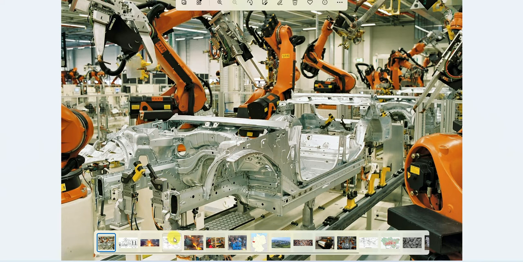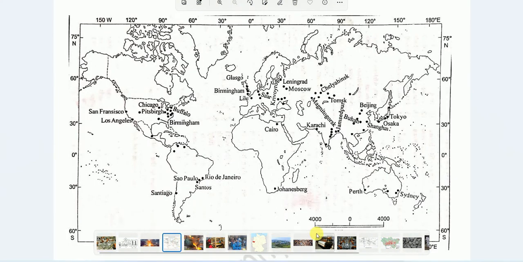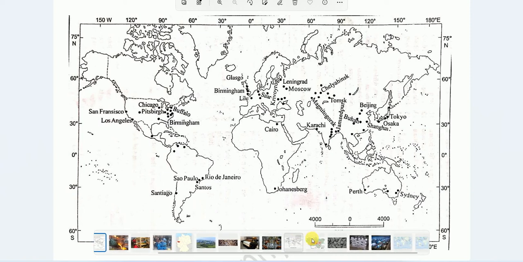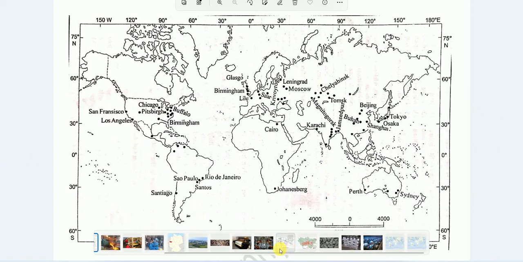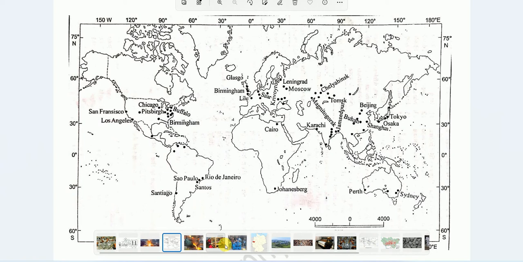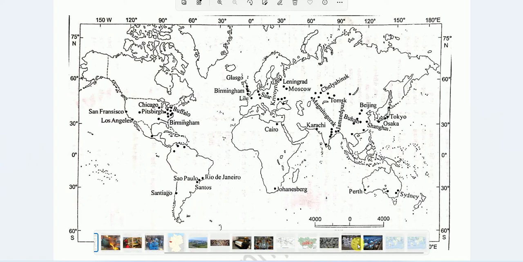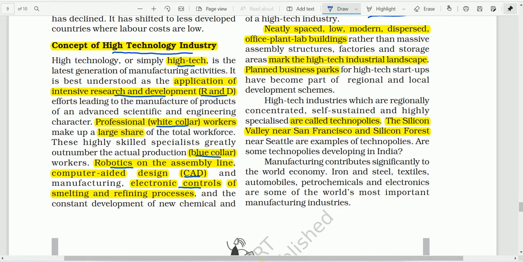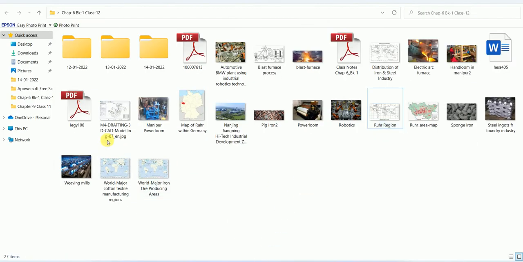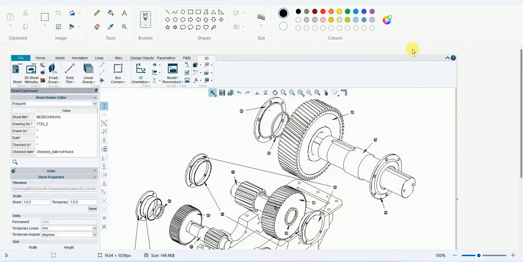Then about the computer aided design. I will show you this one.